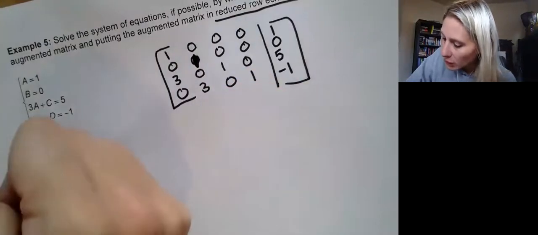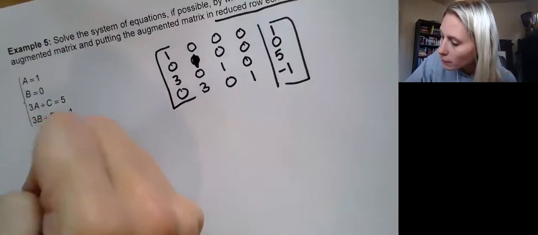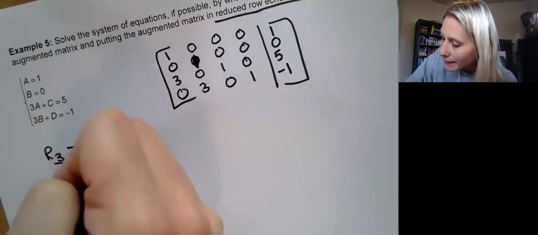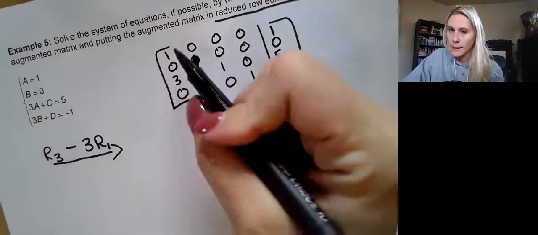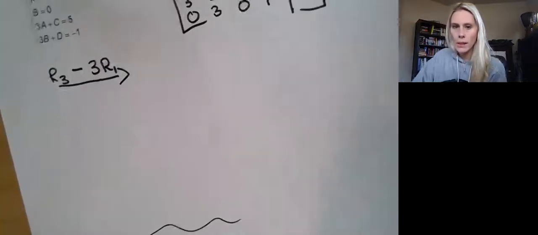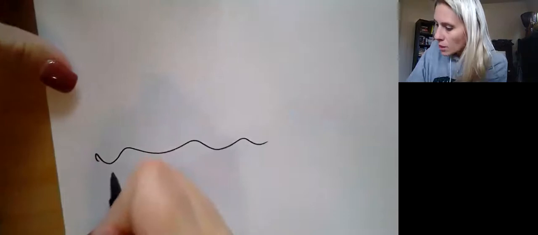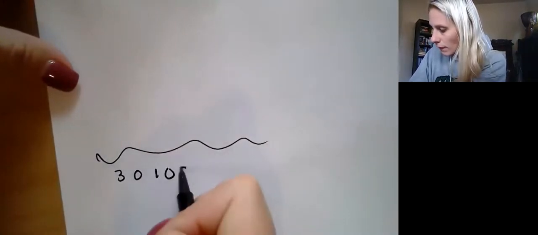So we are changing the third row, and how we are changing it is we are subtracting 3 times row 1. Because if I multiply row 1 by 3, I can subtract those and get 0. I'm going to do some work down here because it looks like I'm not going to have to do as much work as before. So I have row 3 is 3, 0, 1, 0, 5.